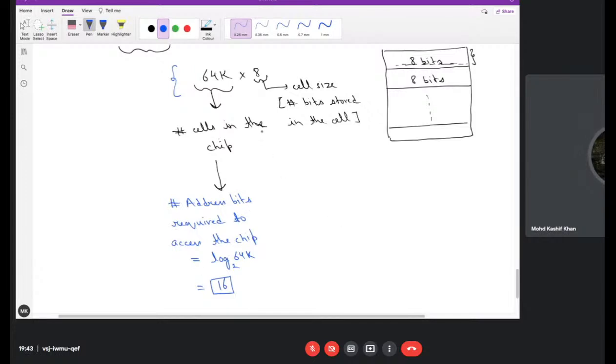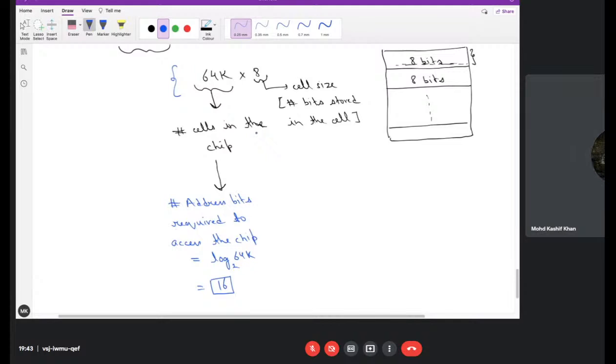Very good, Rugved. So each cell can store 8 bits, the total number of cells is 64K, and to address any cell 16 bits are required. Whenever you get any configuration, you should be able to understand what that configuration means.